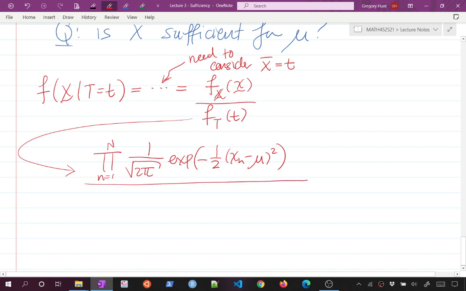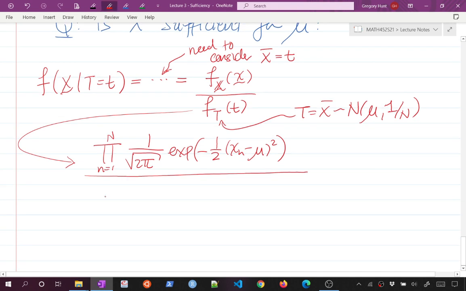And the bottom, again, t is x bar, which has a normal mu, 1 over n distribution. So now we need to be a little more careful. In the bottom, it's root of 2 pi over n, because our variance is 1 over n.